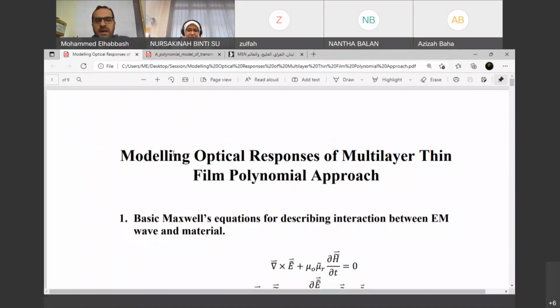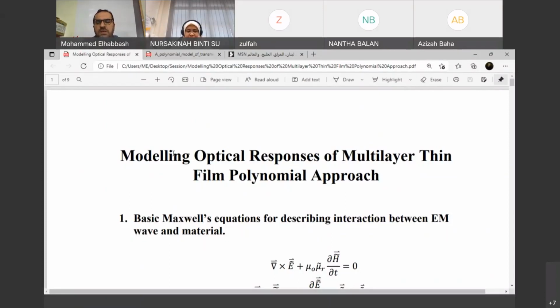Bismillah ar-Rahman ar-Rahim. Today we will talk about modeling optical responses of a multi-layer thin film via the polynomial approach. Here we mean by optical responses the reflection and the transmission in general for a multi-layer thin film.